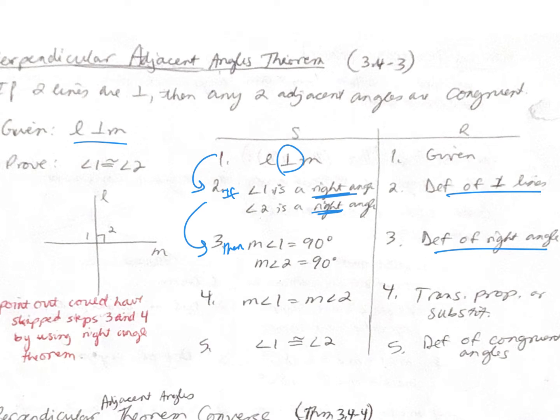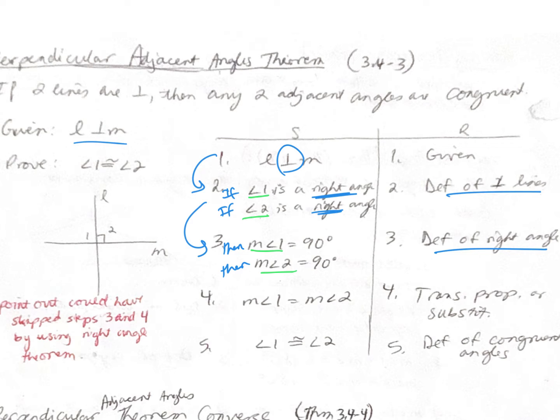And likewise, if angle 2 is a right angle, then the measure of angle 2 equals 90 degrees. Notice I'm transitioning from angle 1 and angle 2 to the measure of angle 1 when I put the equal sign and start to use numbers, the measure of angle 2. Just a note on notation there.